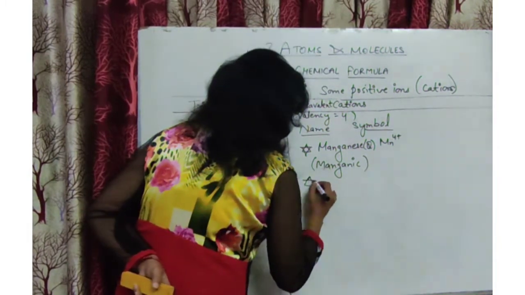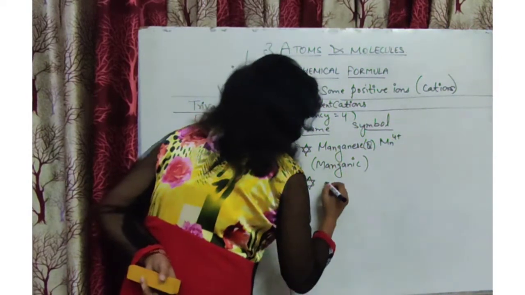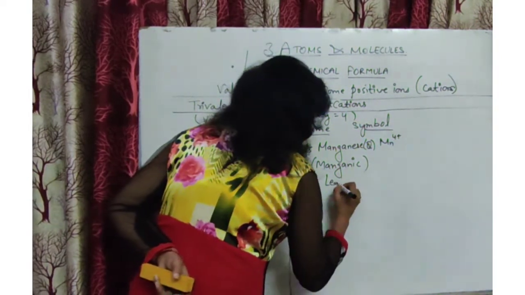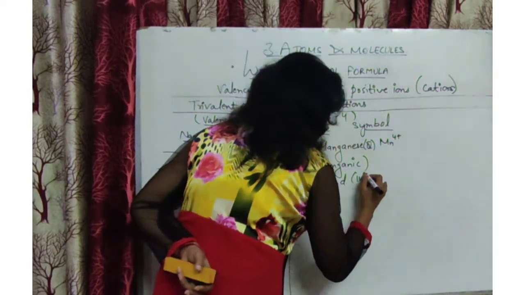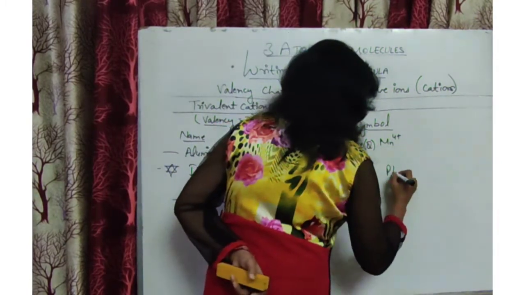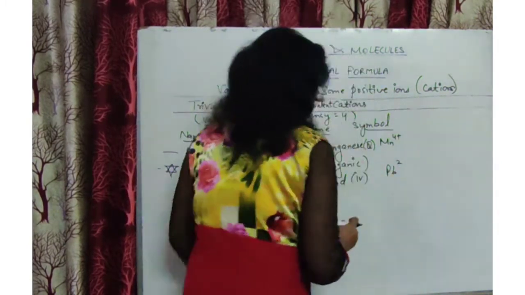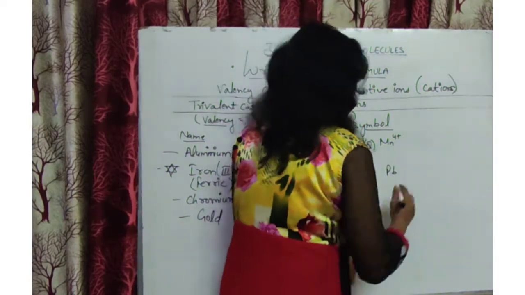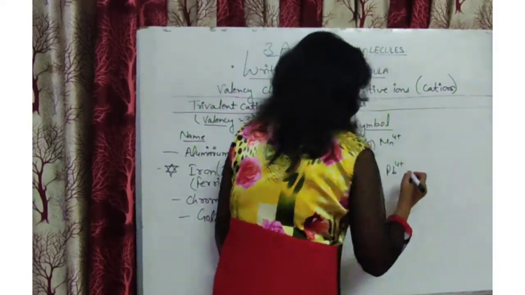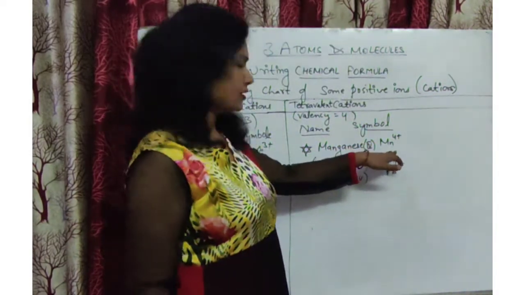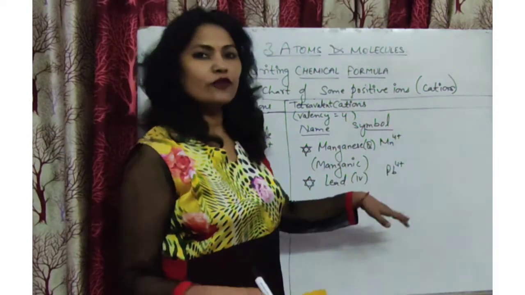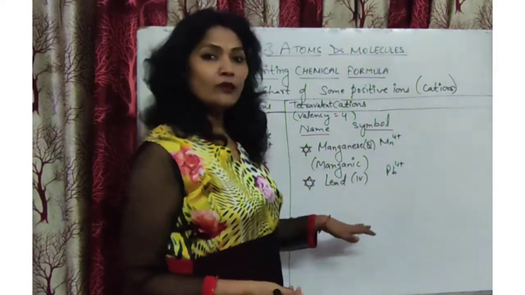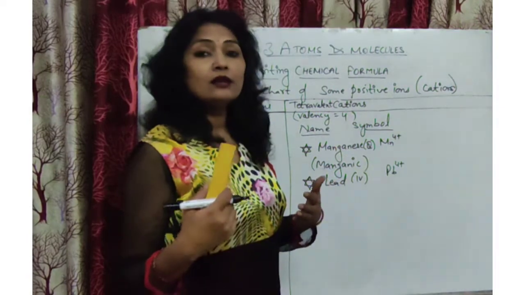Then lead, whose valency is 4, Pb4 positive. 2 and 4 valency will be for the lead, 2 and 4 valency for the manganese, 2 and 4 valency for the platinum, and 2 and 4 valency for the tin.